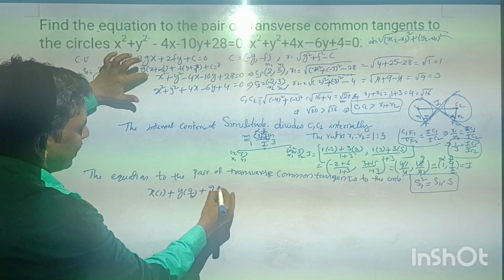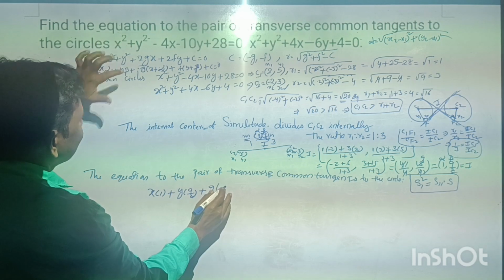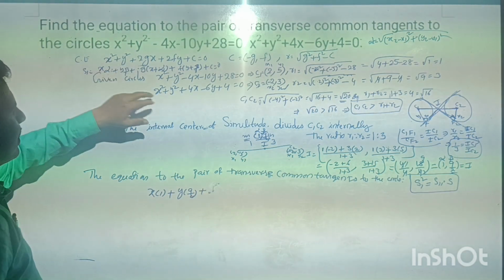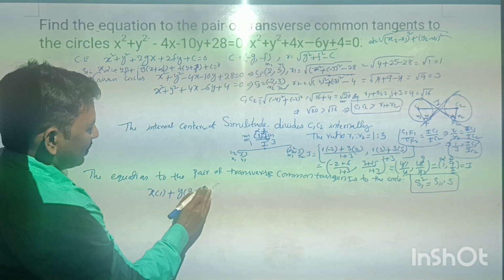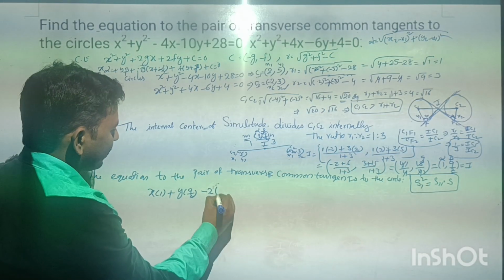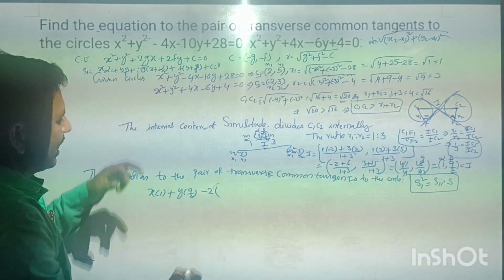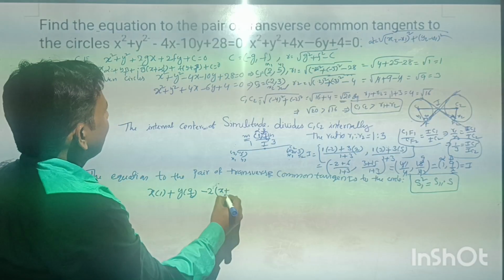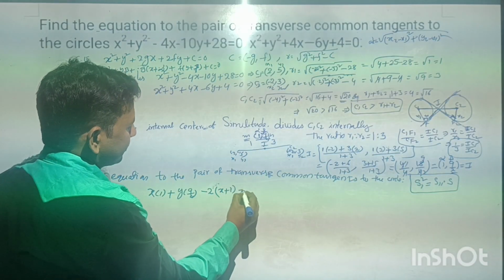Plus g of (x plus alpha), where g means minus 2, and alpha means 1.